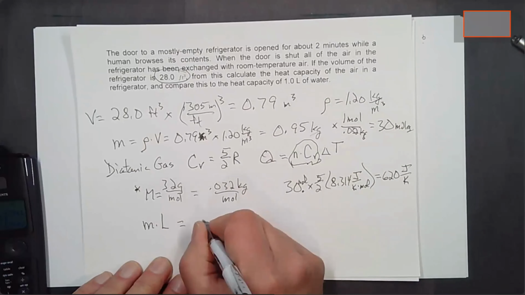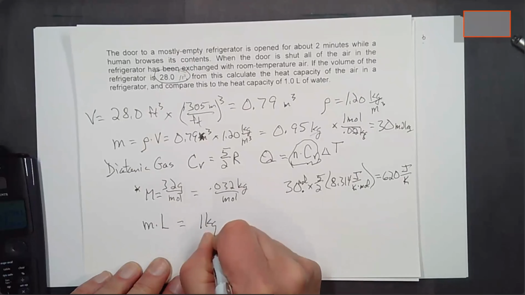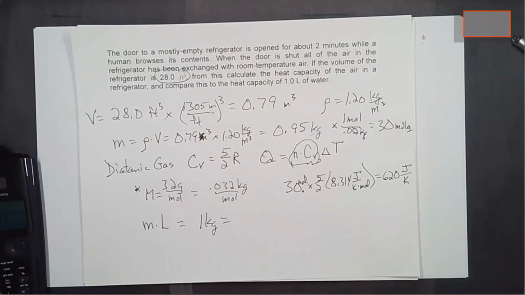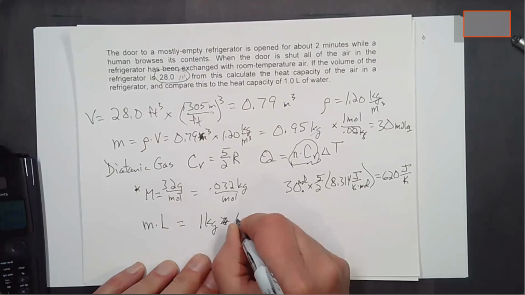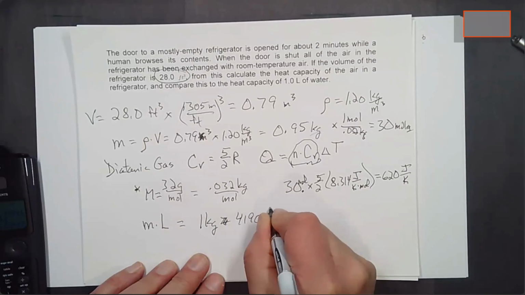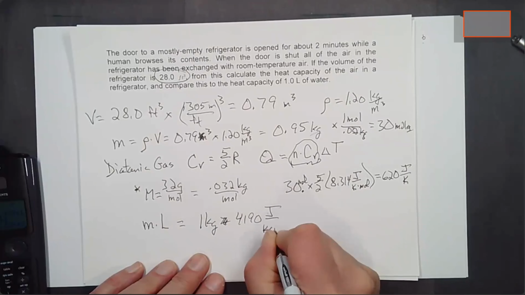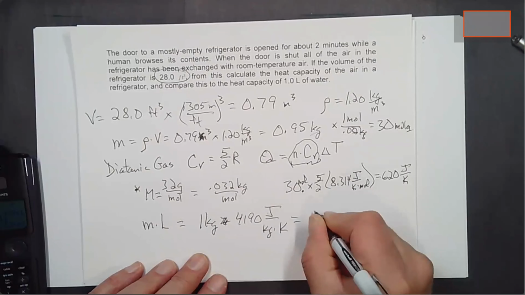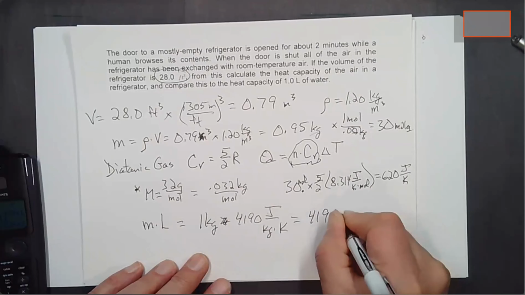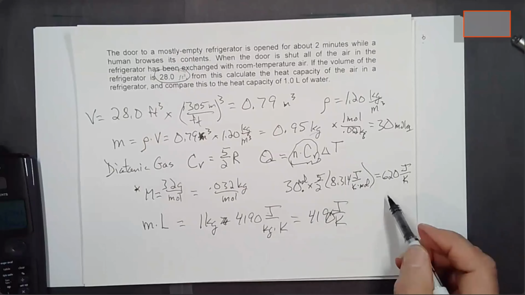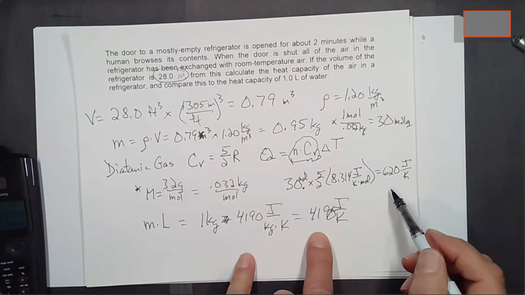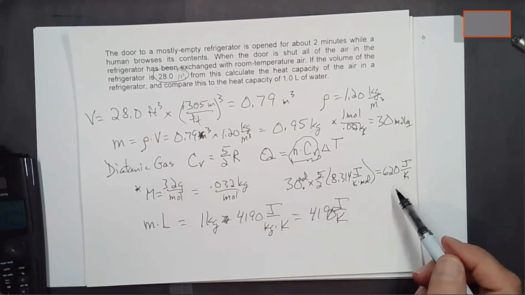A liter of water has a mass of 1 kilogram, and gotta have water. Here we go. 4,190 joules per kilogram Kelvin. So I'd basically end up with 4,190 joules per Kelvin.